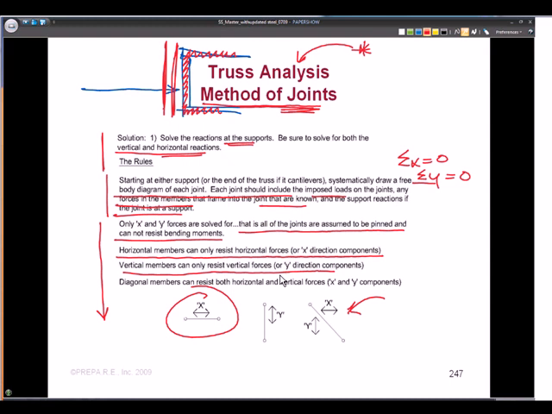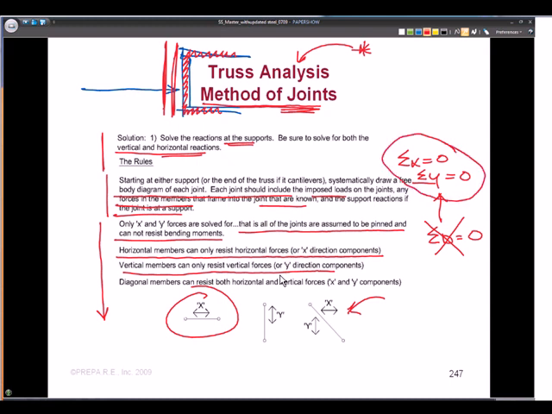Now I'm going to show you on one of these joints one of the places I used to mess up when I first learned how to do this. Again, these things take practice. Whenever I would find a diagonal force, I would try to do something with it at the other end. And we can see in our equilibrium equations, there's nothing called sum of the diagonals equal to 0. Whenever we have a diagonal, we want to get it into its horizontal and vertical components.